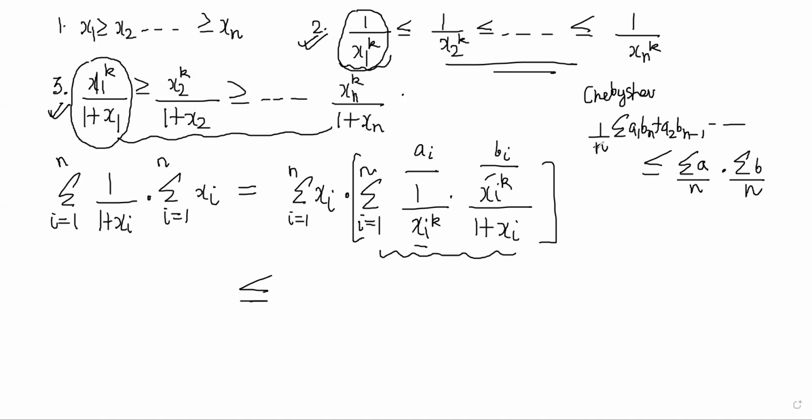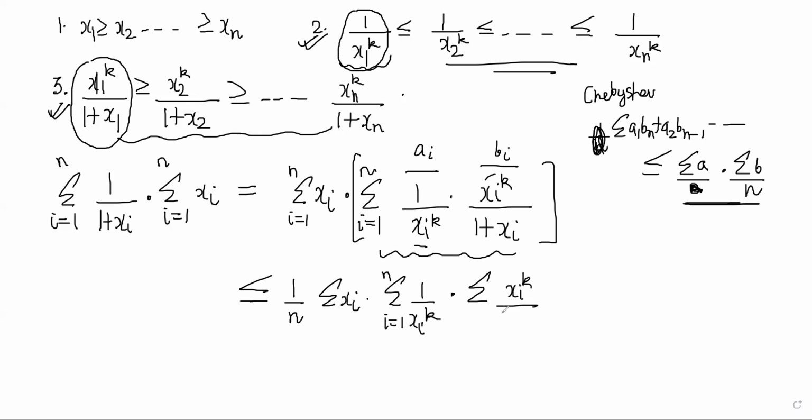so 1 by n is here, and I have just a summation here. So I can multiply this by n here, and I will get simply a 1 by n left over here, right? So this is less than equal to 1 by n summation of xi, i goes from 1 to n is understood. And now I'll do summation of the ai's, right? So this is basically simply summation of i goes from 1 to n 1 by xi power k product with summation of xi power k by 1 plus xi.